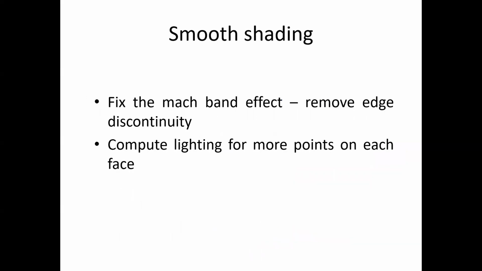Now, the concept of smooth shading is mainly devised to fix the problem of the Mach band effect, that is, to remove the edge discontinuity. So compute lighting for more points on each face.